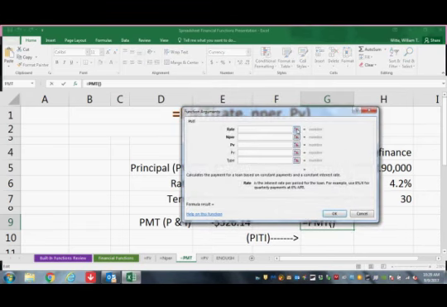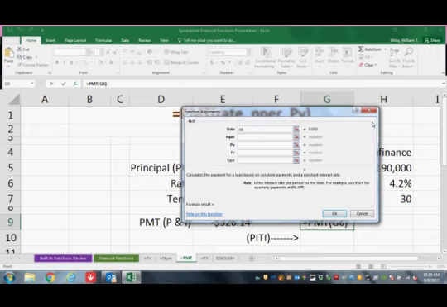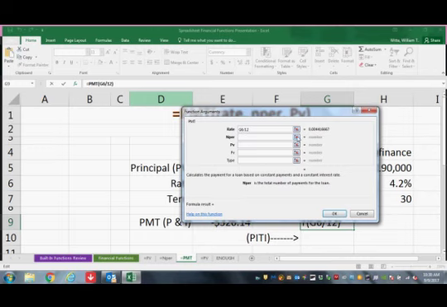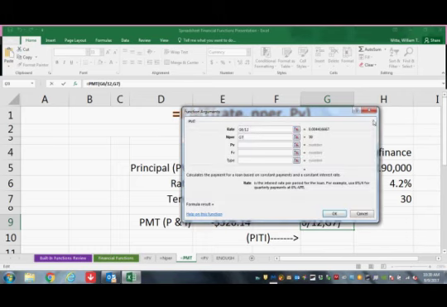And I'm going to reference the rate, which I have stored in a cell, and come back and adjust it to the rate per payment. The number of periods is going to be, I'm going to reference it, the 30 years stored in a cell, times 12.